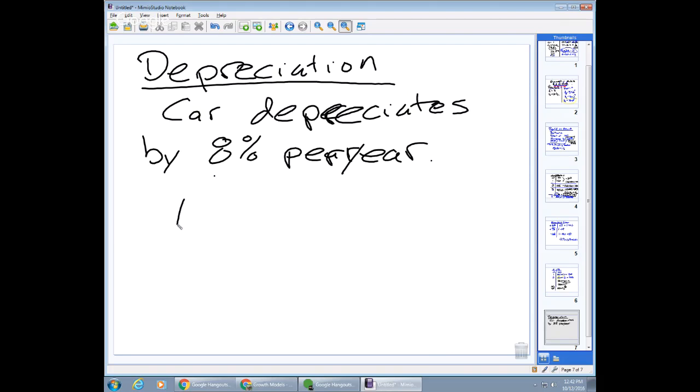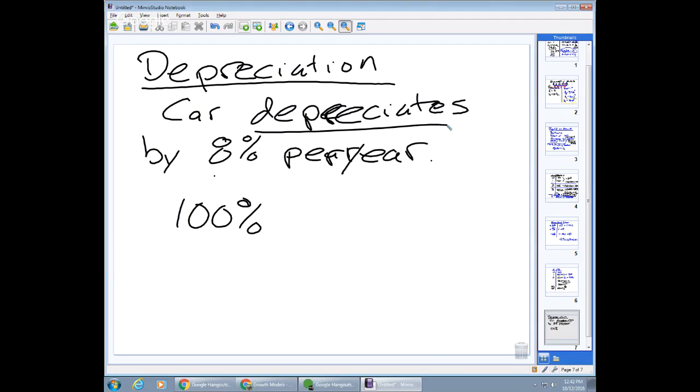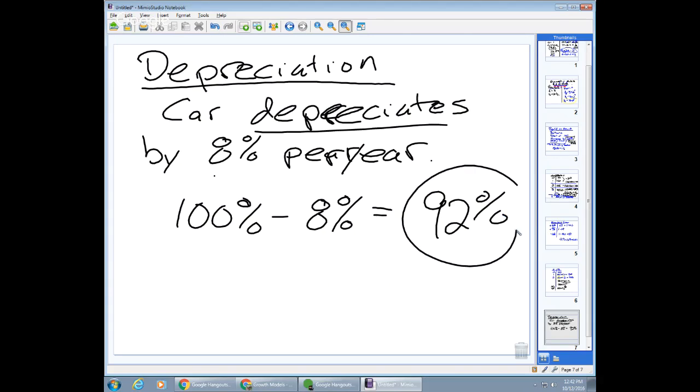Now here, since I'm depreciating instead of appreciating, I'm losing from my base value. I'm losing 8%. So it's 100% minus 8%, 92%. Yeah, so 92% is my multiplying factor.